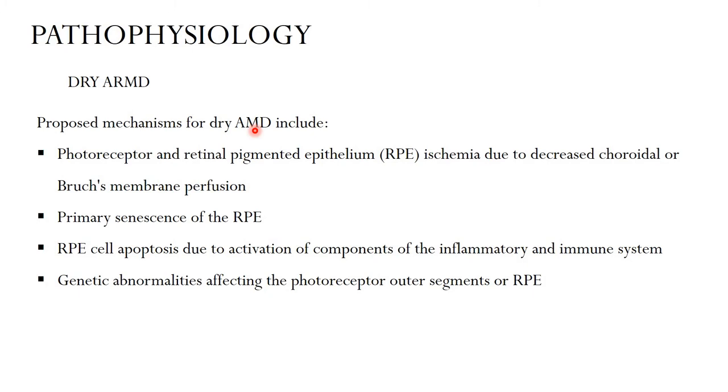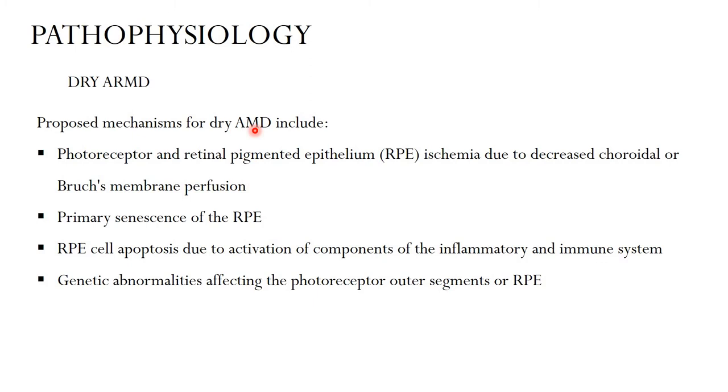Dry is where you will see drusen and not much hemorrhage, whereas in wet you will see hemorrhages. Looking at the mechanism of AMD, in the photoreceptors and retinal pigment epithelium there will be ischemia due to decreased choroidal and Bruch's membrane perfusion, which will lead to a loss of RPE, which is apoptosis of the RPE due to inflammatory and immune responses.